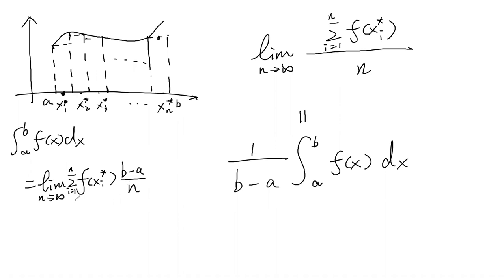And then if you divide both sides by b minus a, you get this. And this is exactly how we define the average value of the function. And this guy is denoted by f sub average.